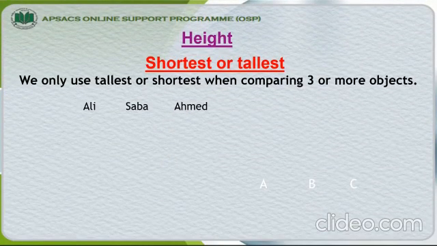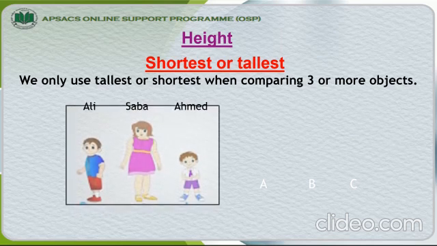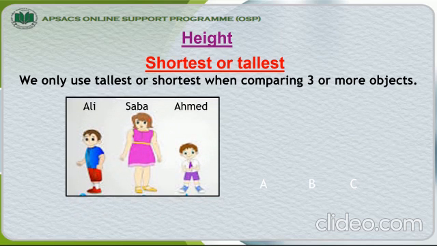Now when we use shortest or tallest in height, we only use tallest or shortest when comparing three or more objects. Now students, you can see that there are three persons, Ali, Sabah and Ahmed. Now who is tallest here? Yes, Sabah is tallest here.